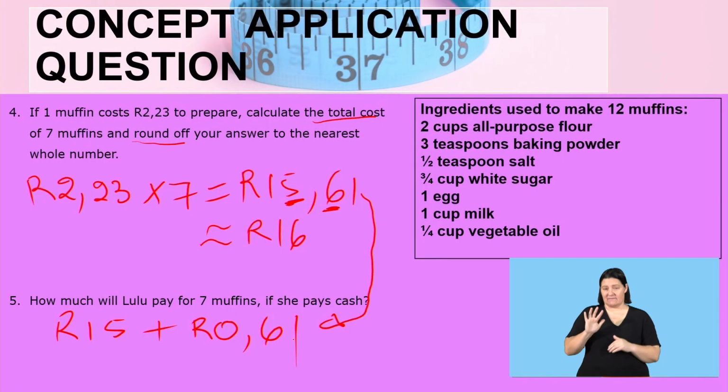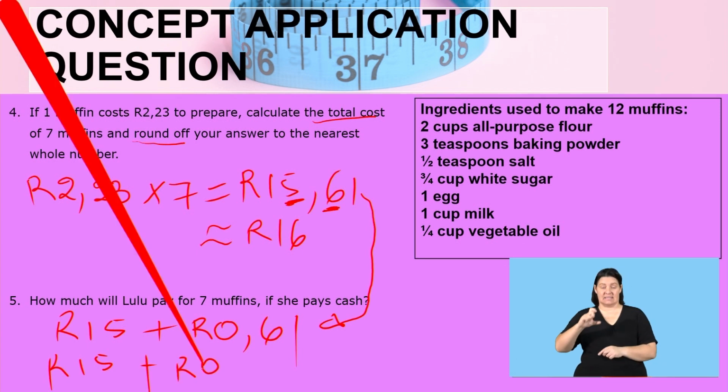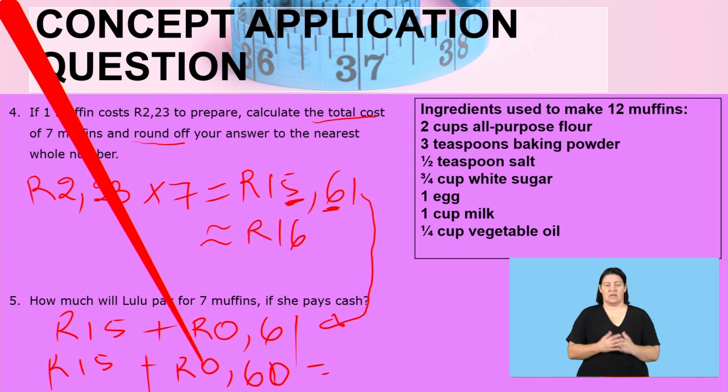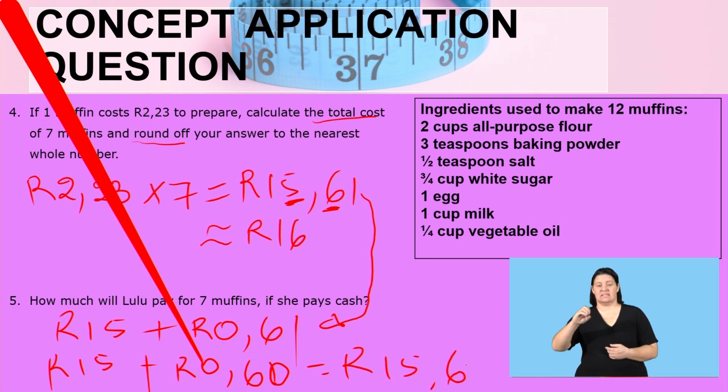Because 1 is less than 5, this will be rounded down to 60 cents. So we will have 15 Rand plus 0.60 after rounding it off. Then we will have 15 Rand 60 as our answer.